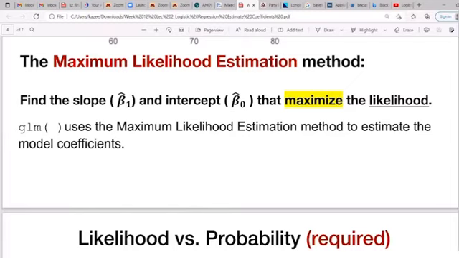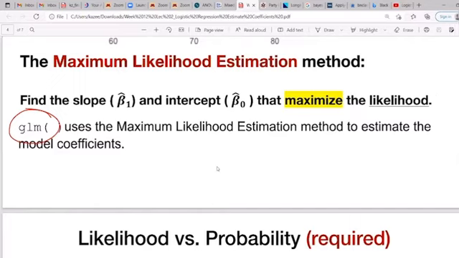That is the reason why, when you look at the code in R where you want to run logistic regression, we normally use GLM, which we call the generalized linear model, because logistic regression is a generalization of the linear regression model.